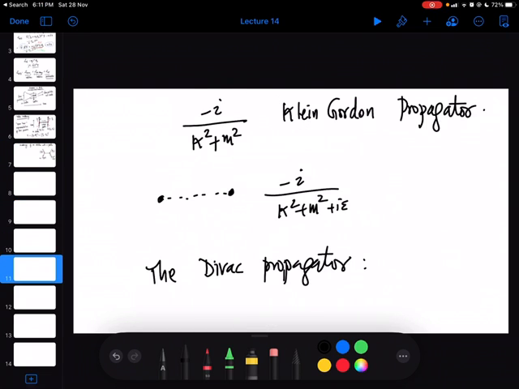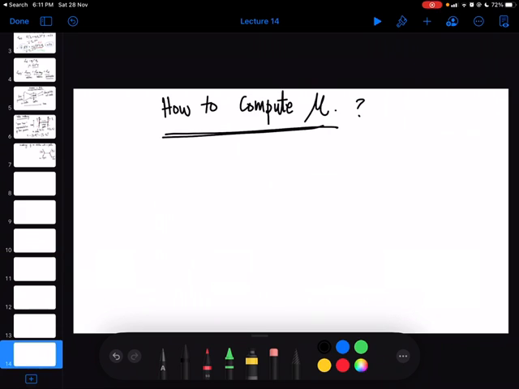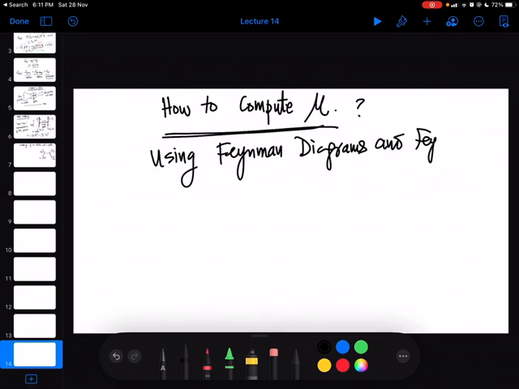These rules which I am drawing right now are called Feynman rules. So this is computing M using Feynman diagrams and Feynman rules.